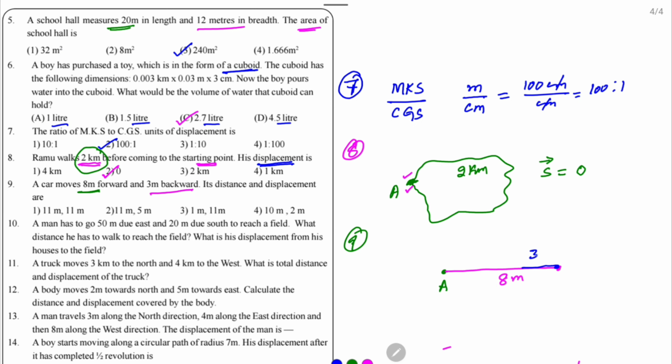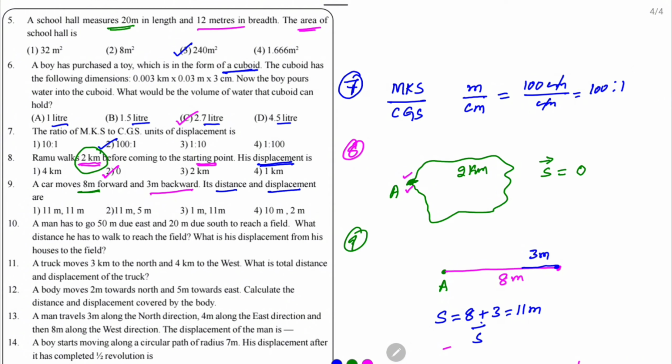How much? 3 meters. Now what is its distance and displacement? So the distance is nothing but length of the path traveled by the body, total length of the path traveled by the body. So which is 8 plus 3, which is 11 meter. So whenever you are calculating distance, simply add all the things, that gives you the distance.